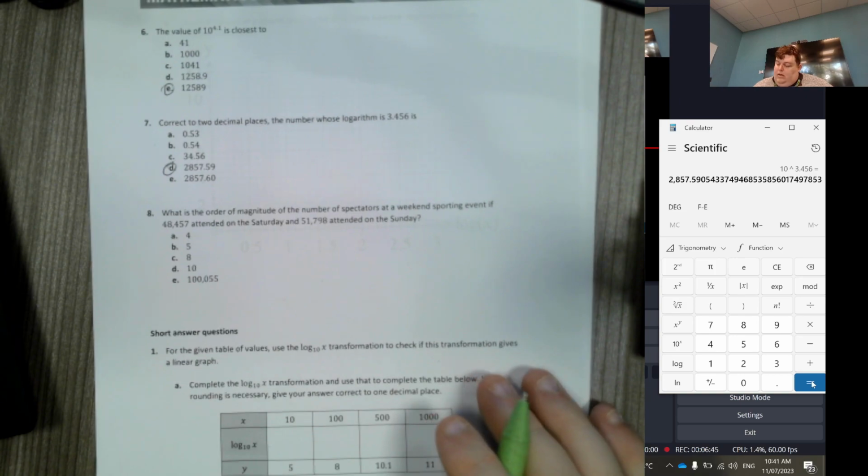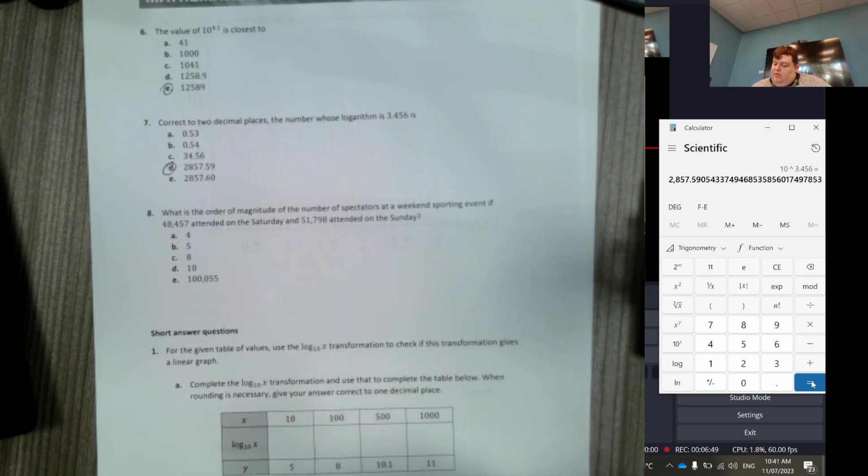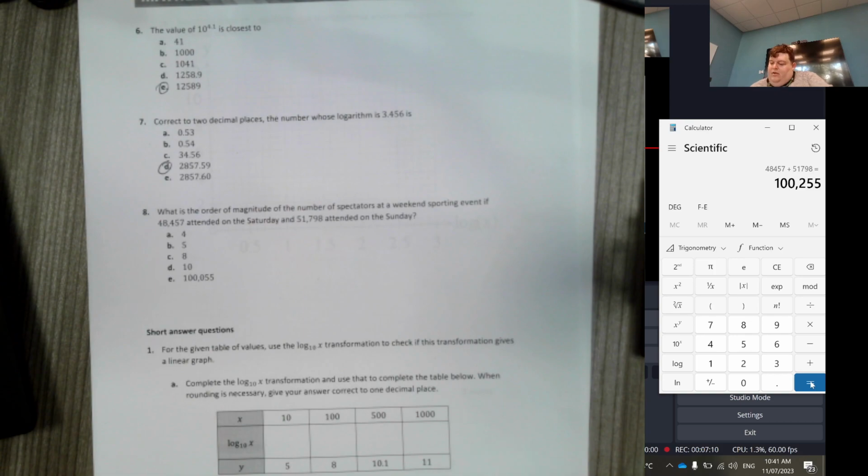Okay. What's the order of magnitude of the number of spectators if they're given? So it's 48457. I'm guessing this is supposed to be over 100,000, but who knows? 51,798. Yeah, it's just over 100,000.